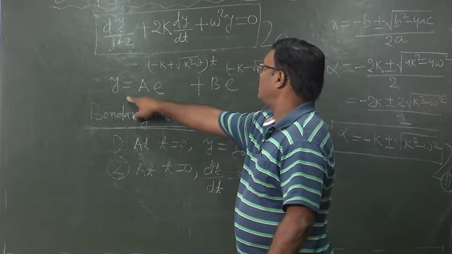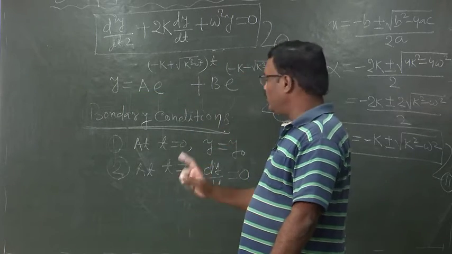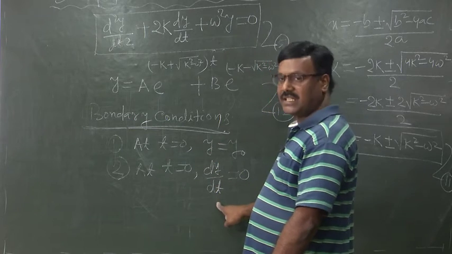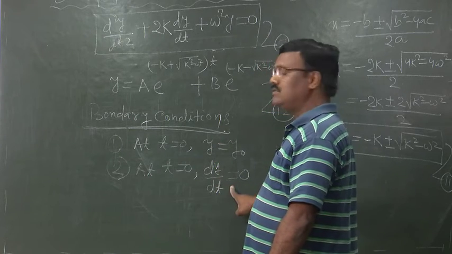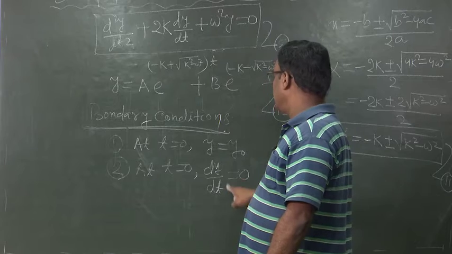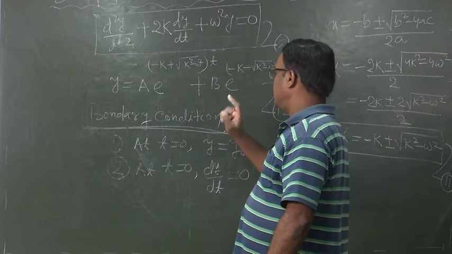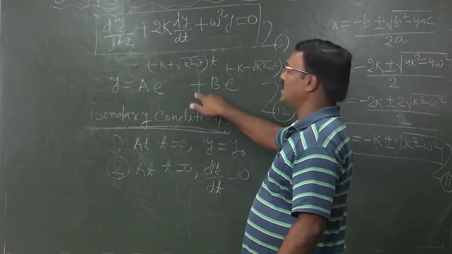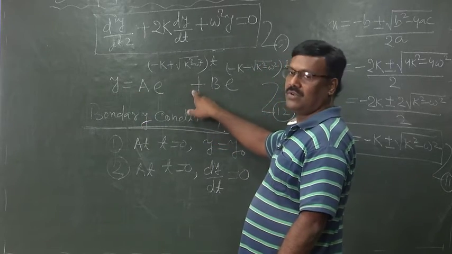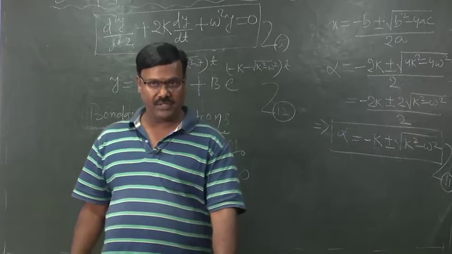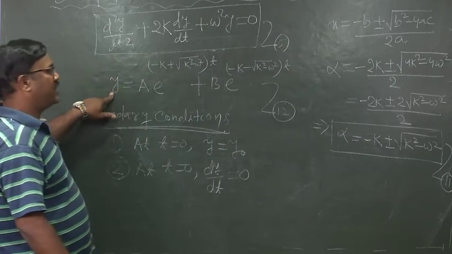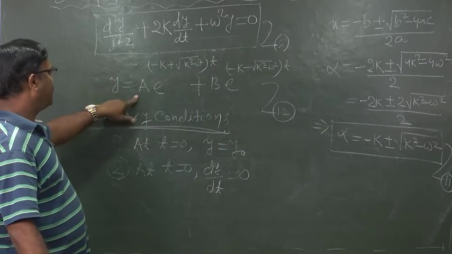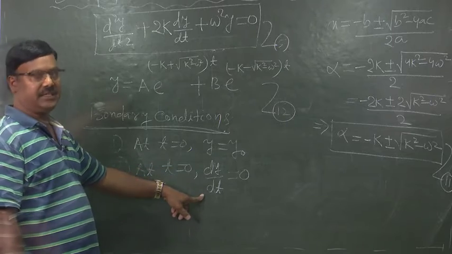Already we have found out the expression for y, but we do not know the expression for dy by dt. Let us now find out the expression for dy by dt, which can be obtained by differentiating this equation with respect to time. Let us now differentiate this equation for y and find dy by dt.